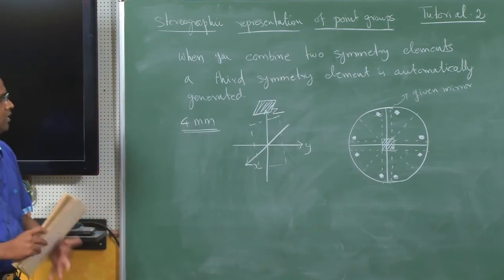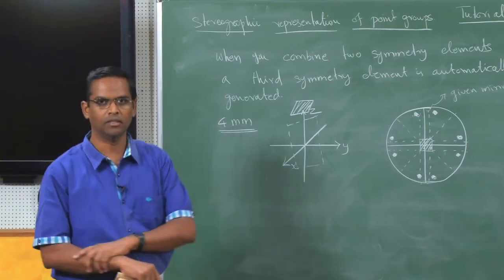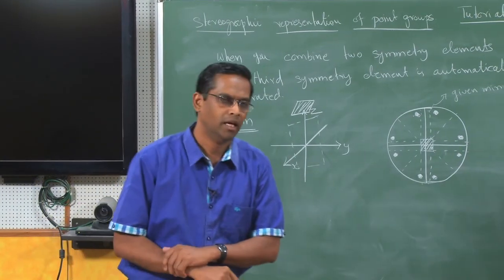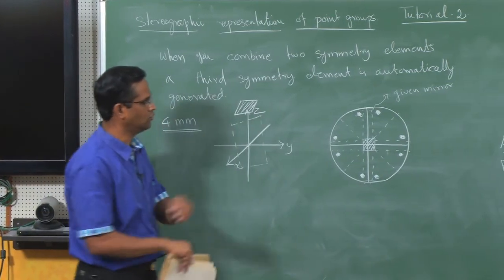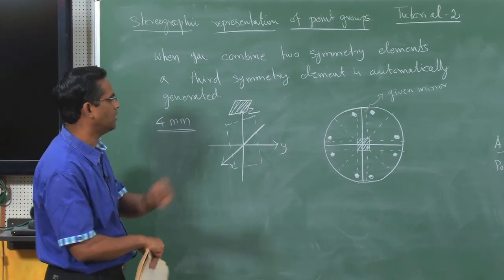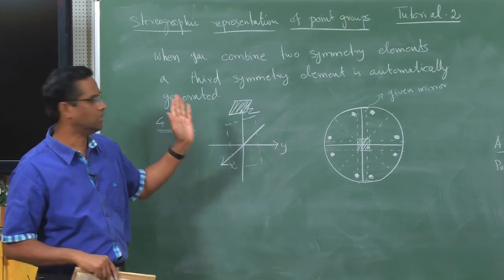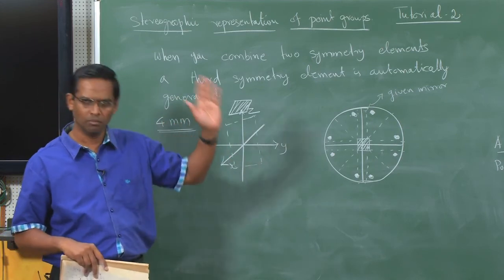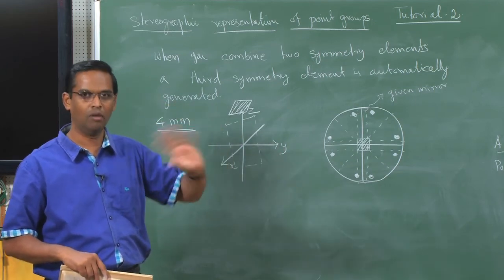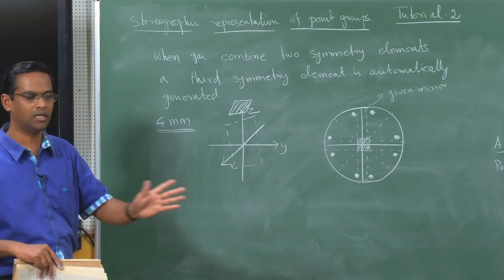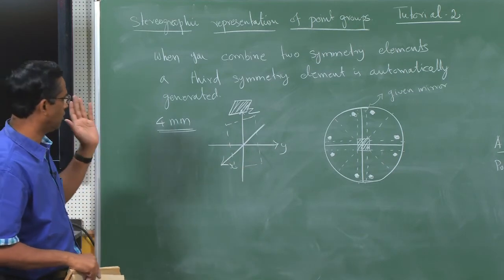So, like this we can keep on solving several problems. What I would like you to do is try different combinations of simple rotation, simple mirror, inverter, then combination of rotation and inversion, roto-inverter, and then rotation plus mirror.